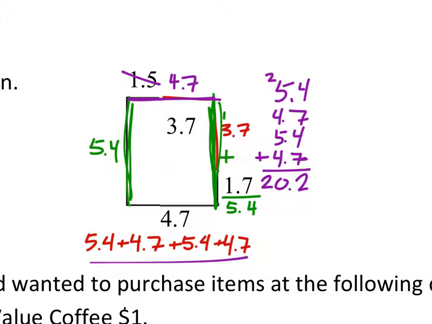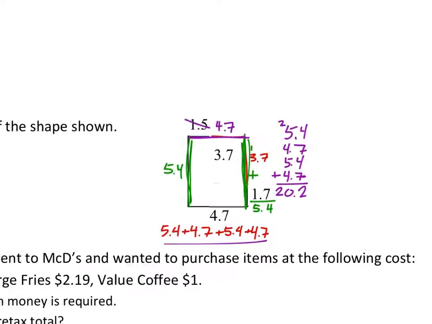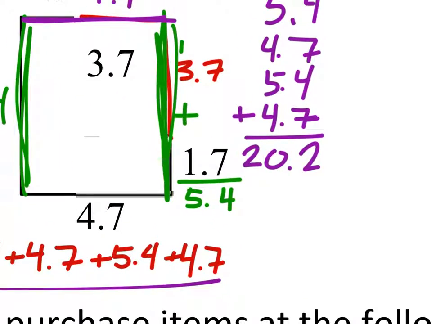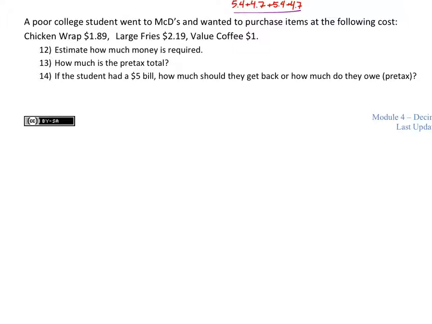Did it give us measurements? Didn't give us the units on that, I don't think. No. Yep, so we'll just say that it's 20.2. I mean, if it gave us units, feet, meters, yards, miles, whatever, we'll just label that.